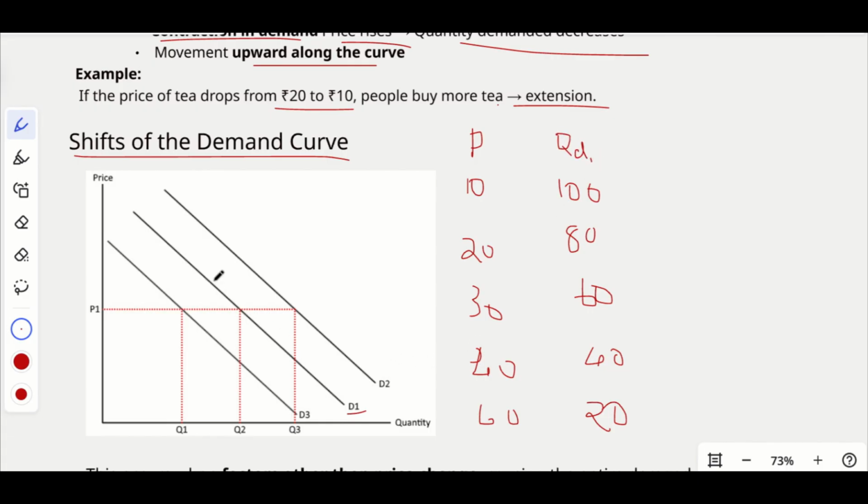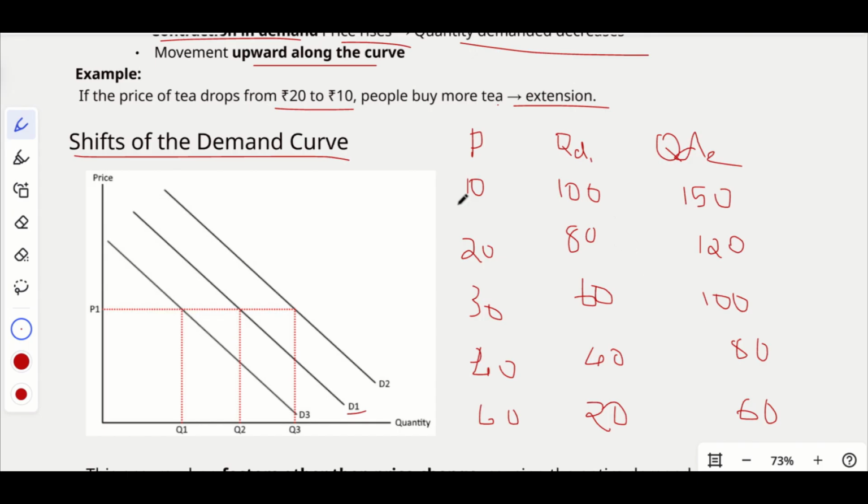Due to the sudden change in the climate, the cold winter, the temperature has dropped a lot, so everybody needs sweaters now. No matter what the price is, the demand will increase. So what is the demand change here? For 10, now we have 150. For $20, we have 120. Here we have 100, here we have 80, and here we have 60.